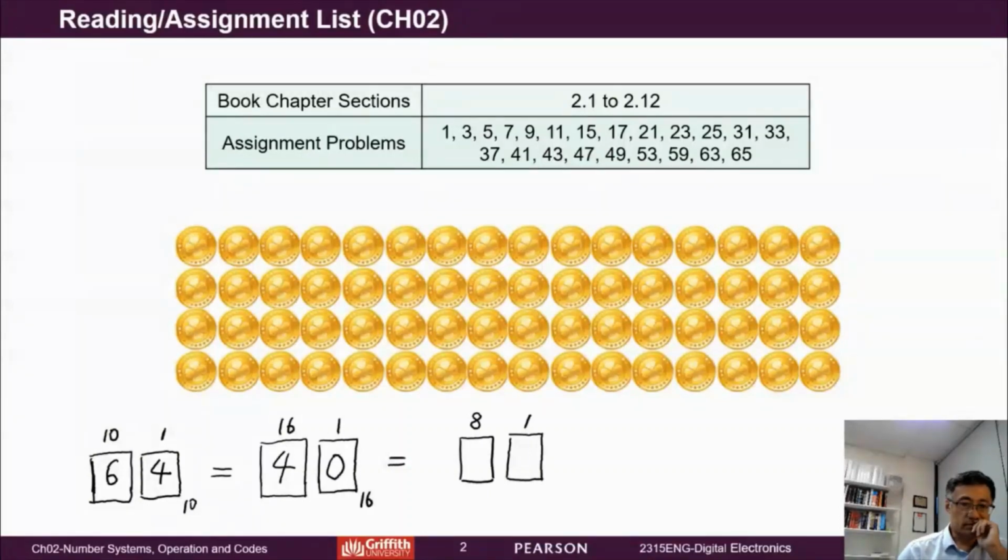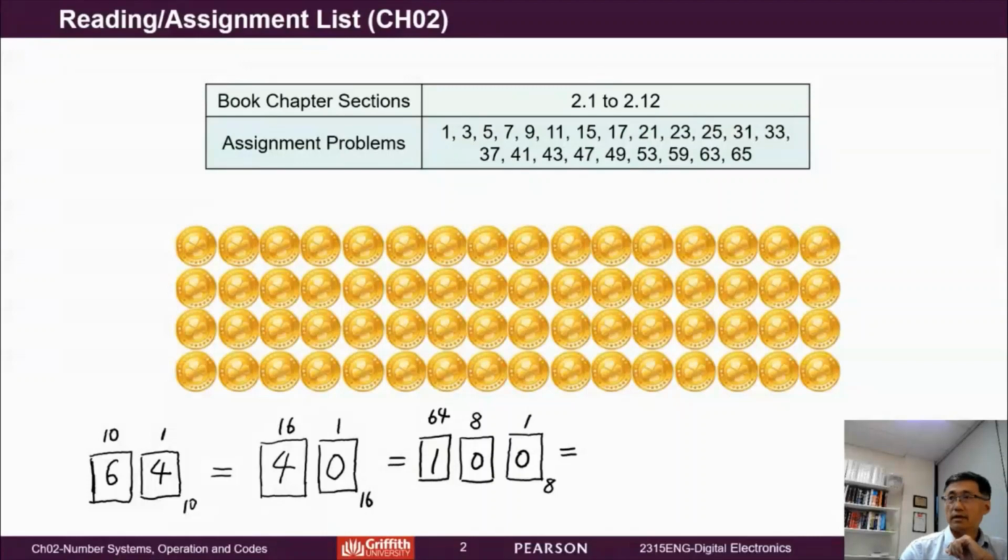So what can we do? It should be more than that. We need an additional digit or location. I'll just give you the answer; later we are going to discuss this. So this will be an octal number, which has a base of 8.